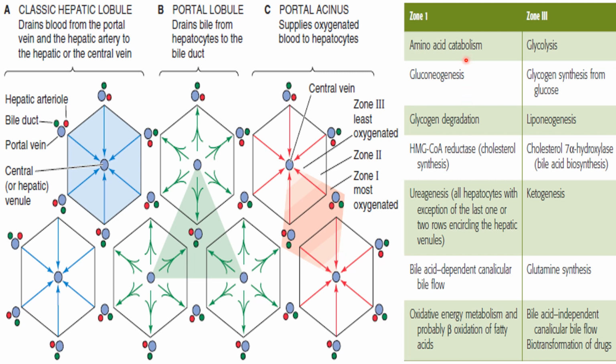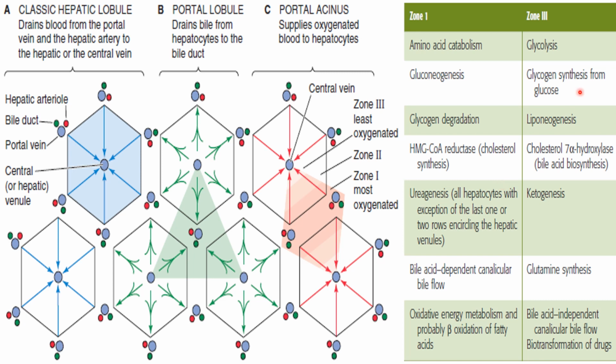In zone 1 the amino acid catabolism, gluconeogenesis, glycogen degradation, cholesterol synthesis, the formation of urea, bile acid dependent canalicular bile flow, and oxidative energy metabolism, all these things happen.